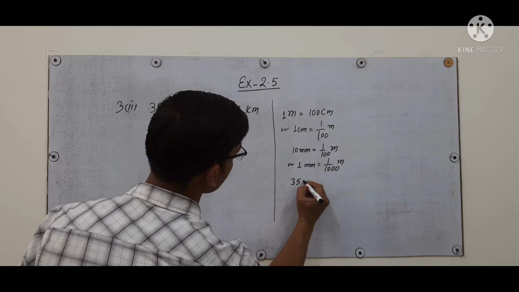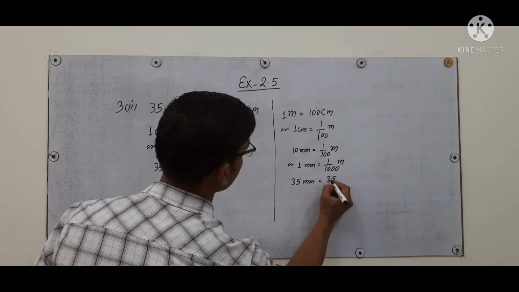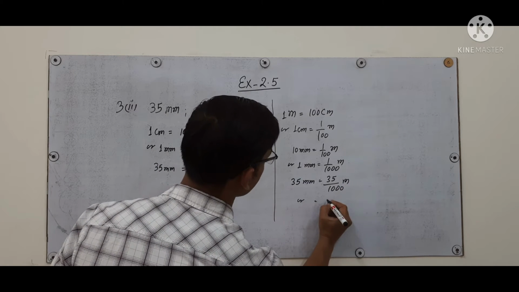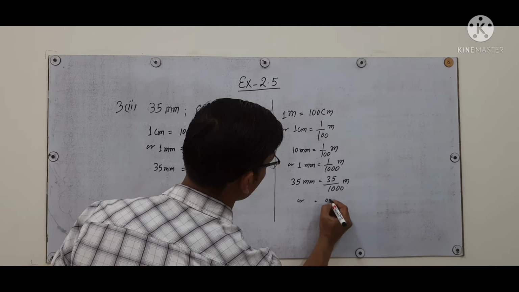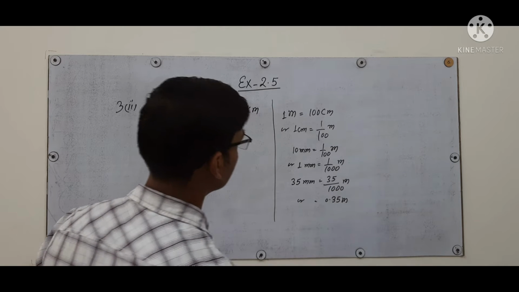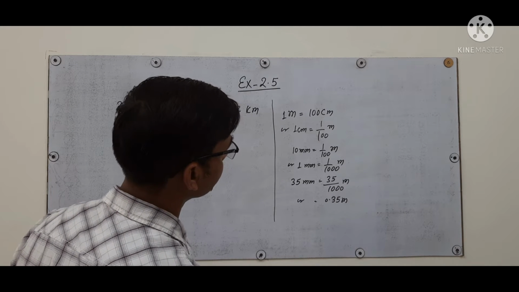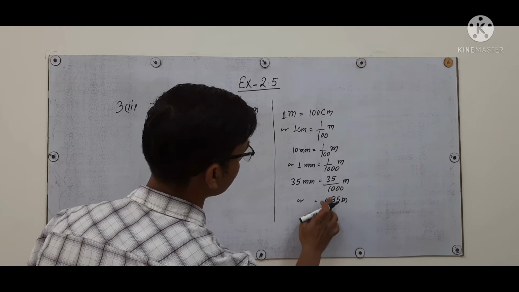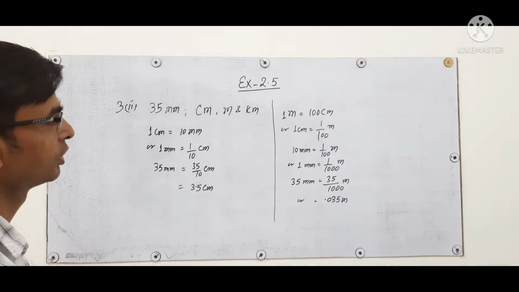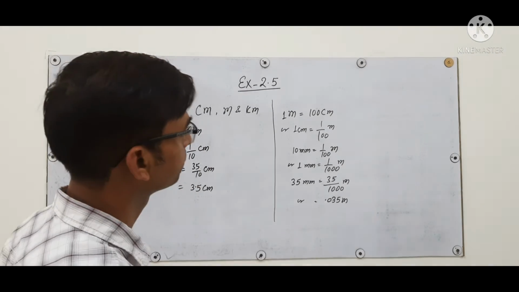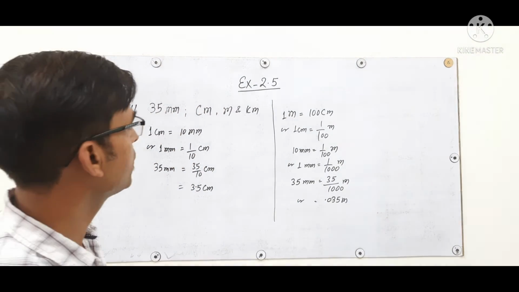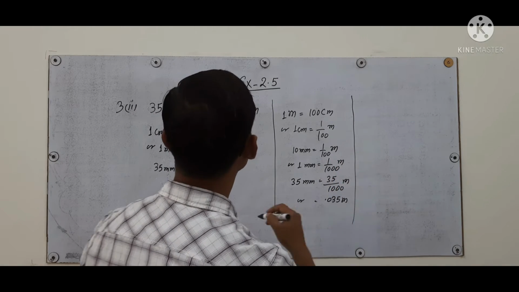So 35 mm will be 35 upon 1000 meters. Oh, I'm sorry, it will be 0.035. So 35 mm will be 0.035 meters.